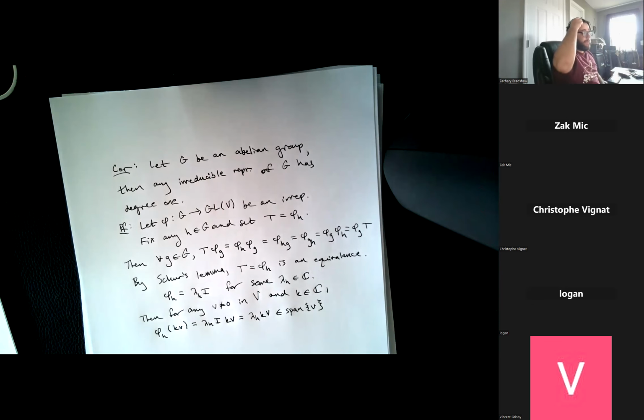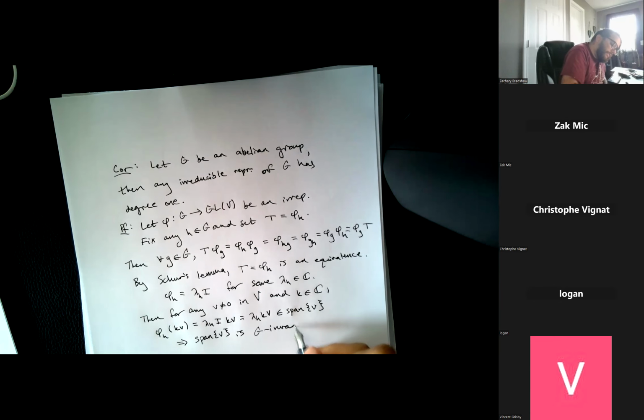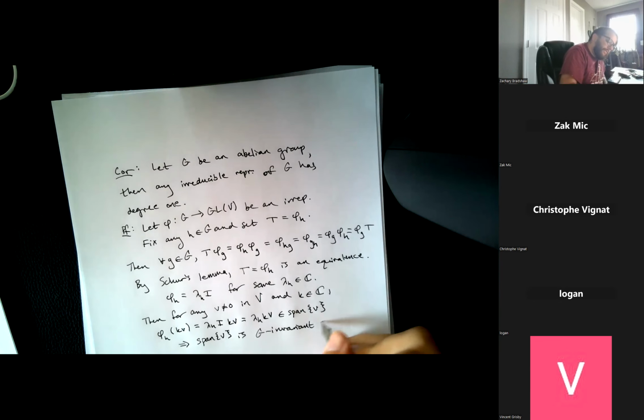Remember, the span is all the linear combinations of the vectors in the set. There's only one here, so the span of v is just all scalar multiples of v. So this implies that the span of v is G invariant, since h was arbitrary.